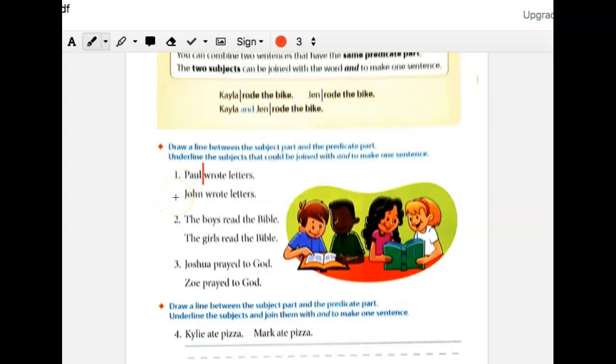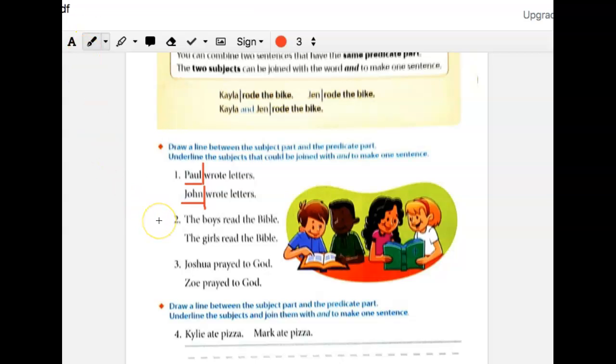The second sentence, John wrote letters, is exactly the same, so we draw the line between John and wrote. So that means for the first sentence, our subject is Paul. The second sentence, our subject is John. So we can combine these two subjects with the word and. Paul and John wrote letters.